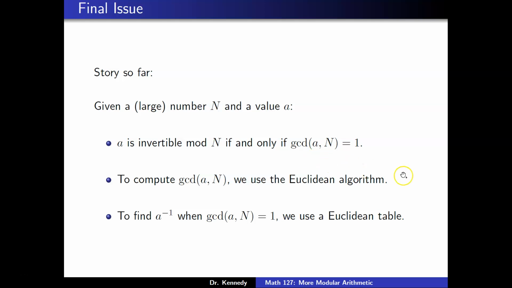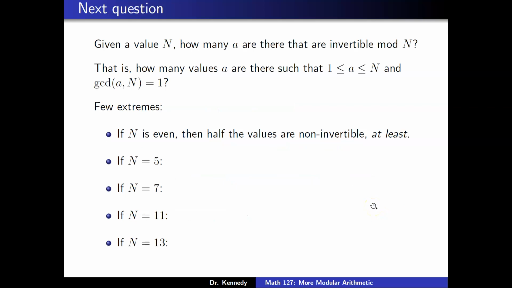All right, so we've seen already how to compute the GCD using the Euclidean algorithm, which is basically repeated division with remainder. And then when it is relatively prime, we can find A inverse by using a Euclidean table. This leaves us with one last question to answer.